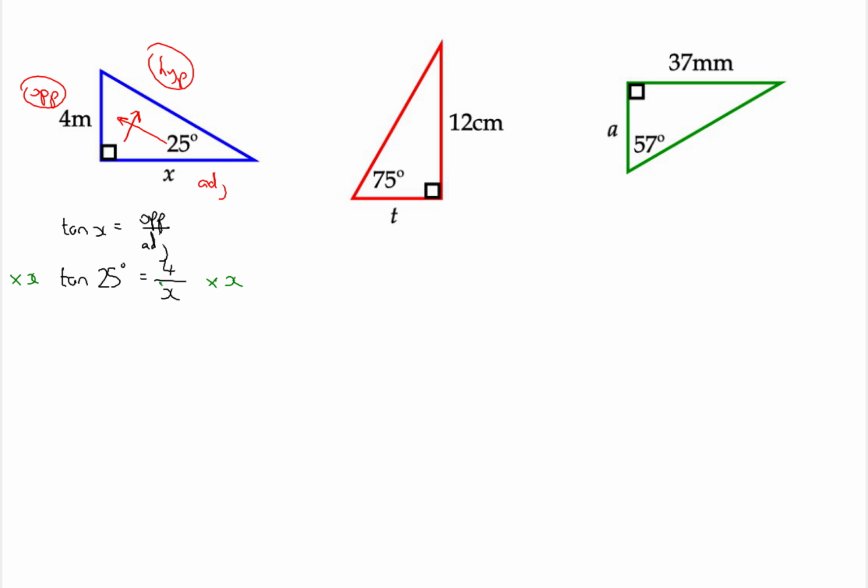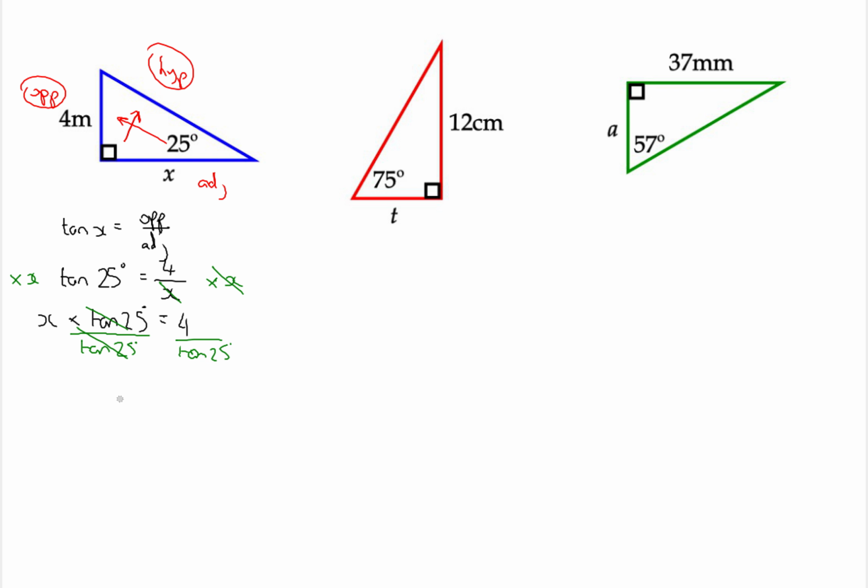We're doing that to cancel out those two x's, so we can rewrite our equation on the left hand side as x times tan 25 degrees equals 4. We now need to get rid of that times tan 25, so we do that by dividing. That's the opposite operation on both sides. Tan 25, in order for those two to cancel out.